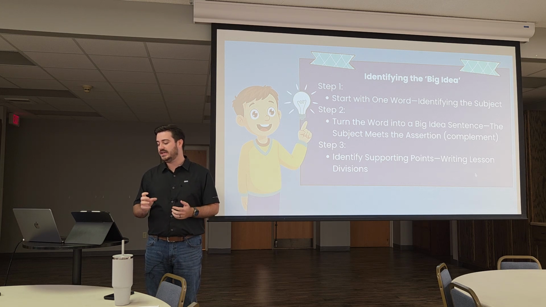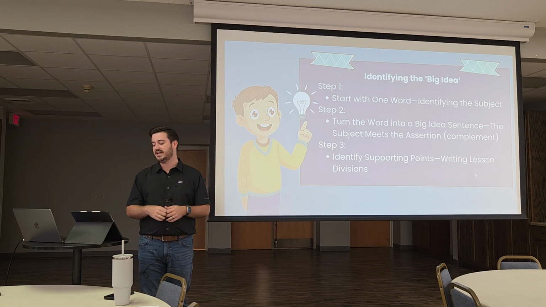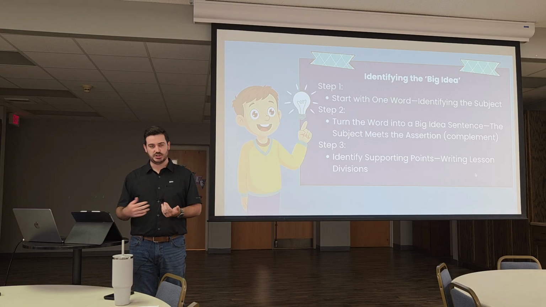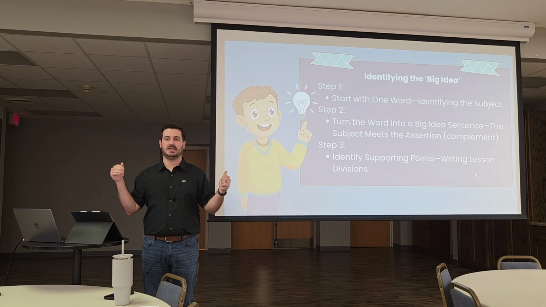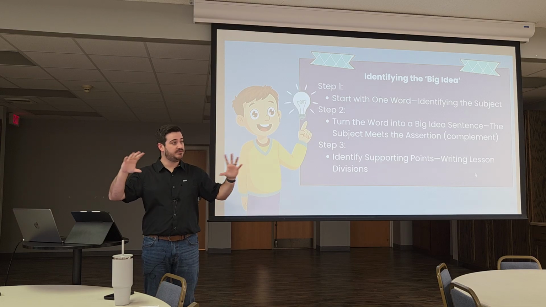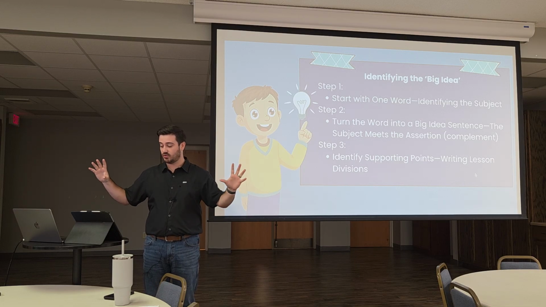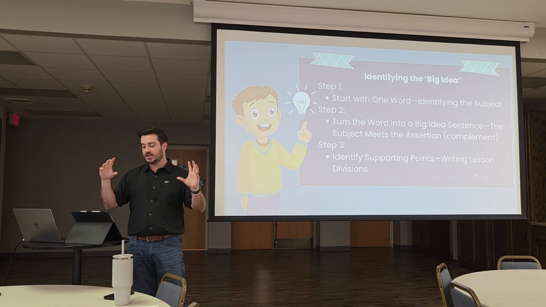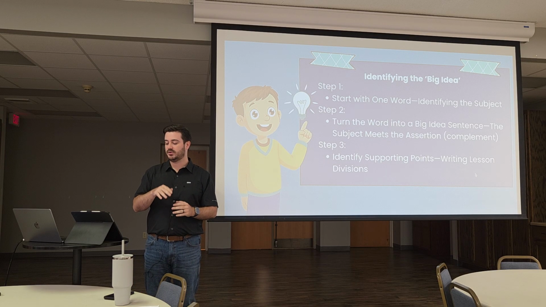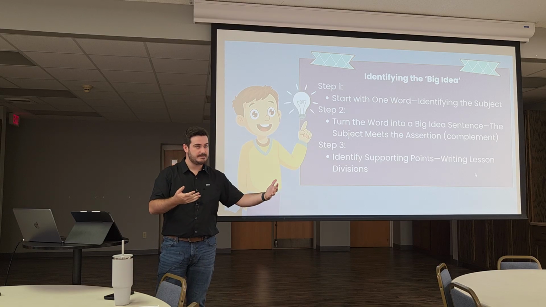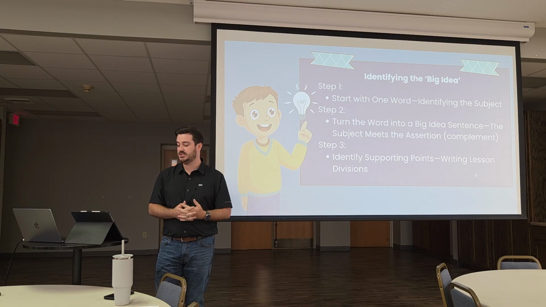So how do you write those subpoints or identify those lesson divisions? Think of the big idea as the thesis of your lesson, what you're trying to get across, and the supporting points are the major arguments that the biblical author uses to support that main idea or thesis.